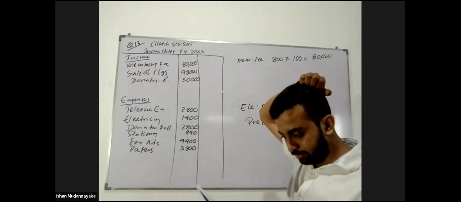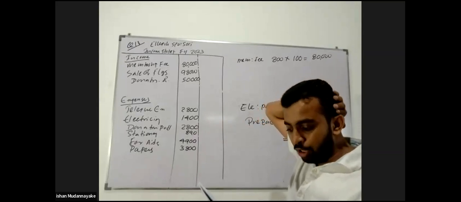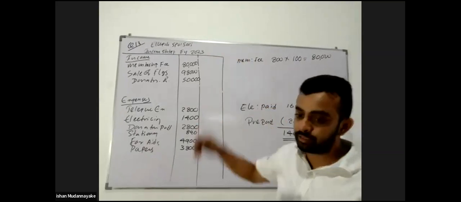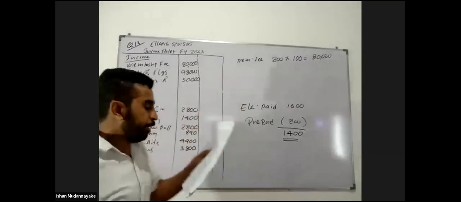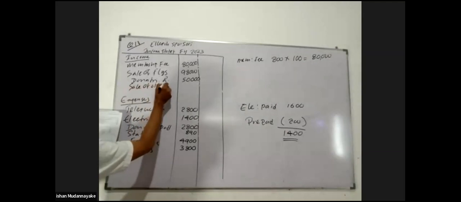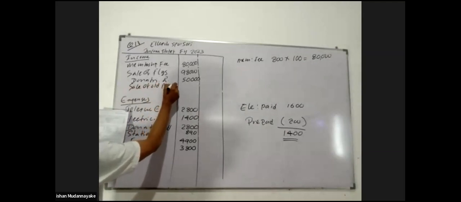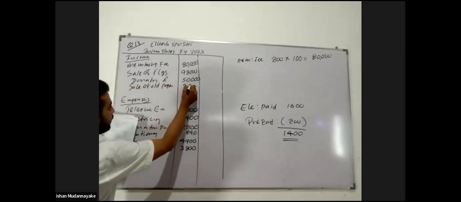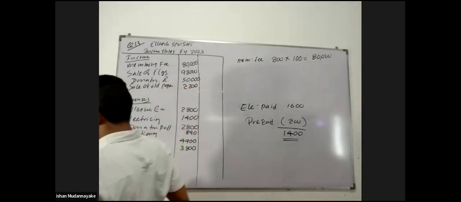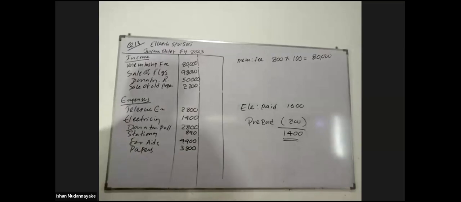Next one. Sale of old papers, 2,200. Another cash receipt, income. Sale of old papers, another income.